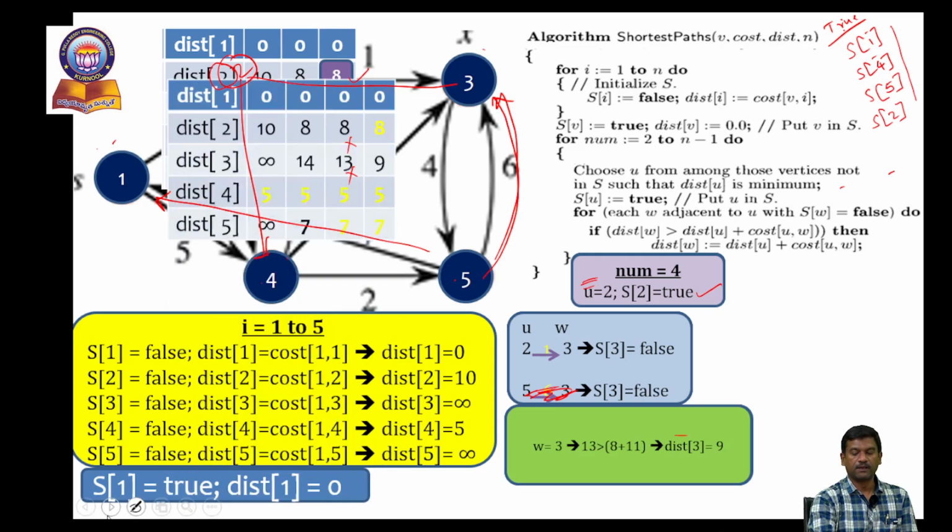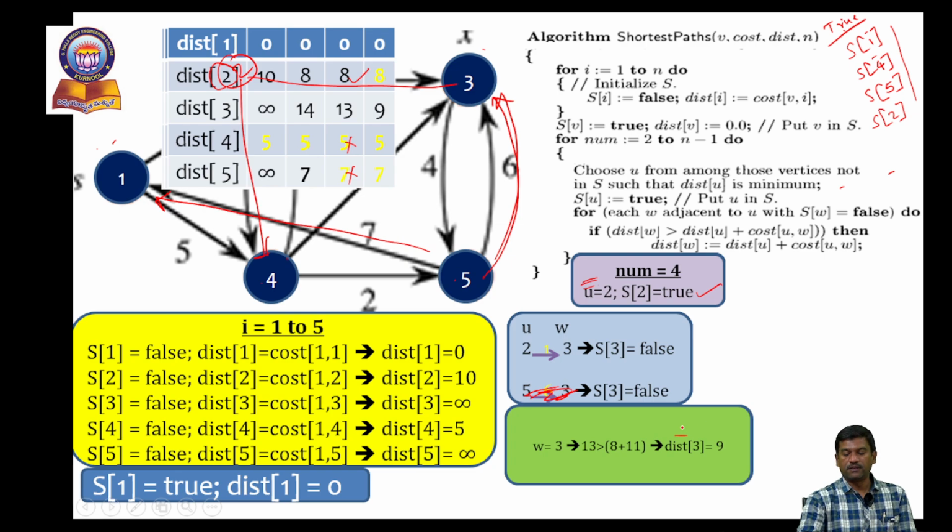And similarly, when the value of W is equal to 3, you made S of 3 equal to true. From the previous step, S of 3 is equal to false, it is the true condition, and the value of W will be equal to 9.